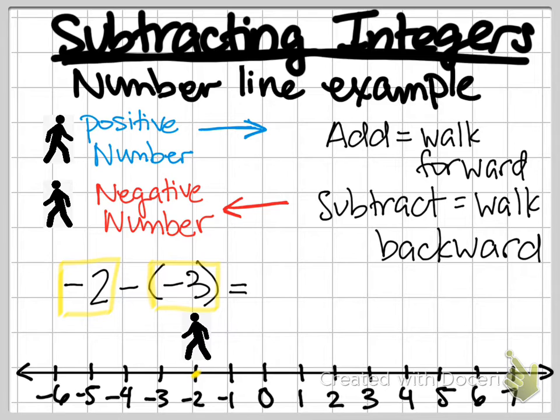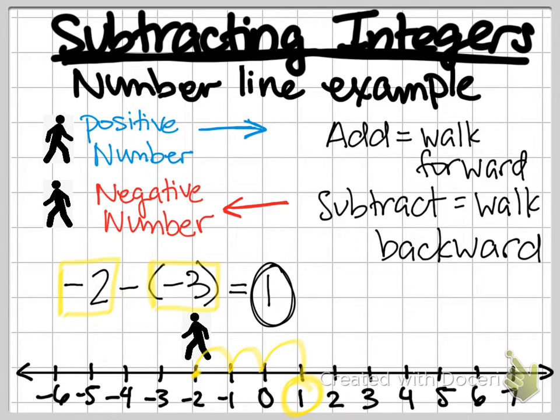And now this person is going to walk backward 3 spaces. So here we go, backward. 1, 2, 3. And that leads us at +1. And that is our answer.